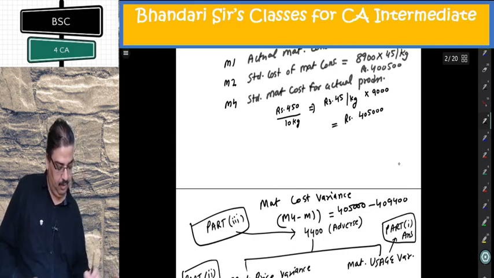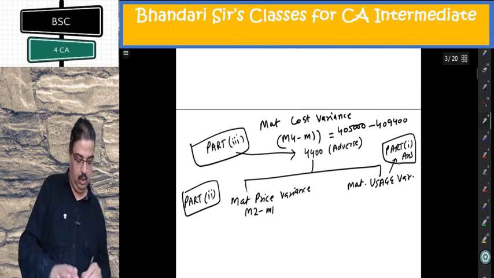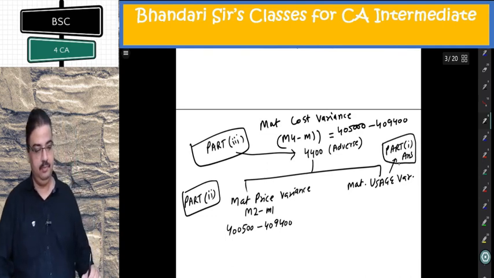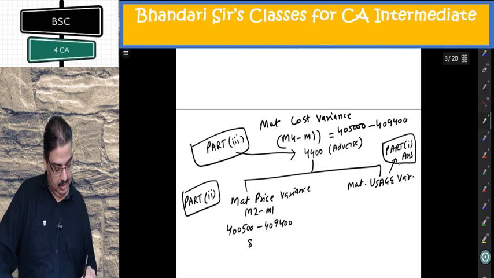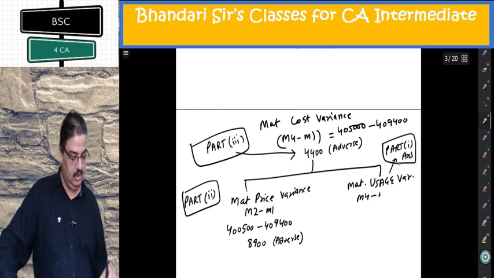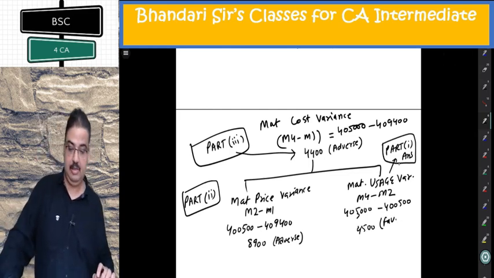Price variance M2 minus M1, 4,00,500 minus 4,09,400. This is 8,900 adverse. And usage variance M4 minus M2, 4,05,000 minus 4,00,500. 4,500 favorable. These are first 3 parts.